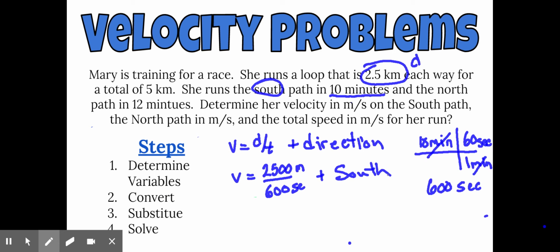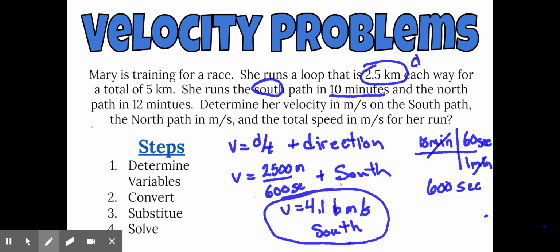So 2,500 divided by 600 gives me a velocity of 4.16 meters per second south. All right, so that's my answer for the first part. I got her velocity going south.